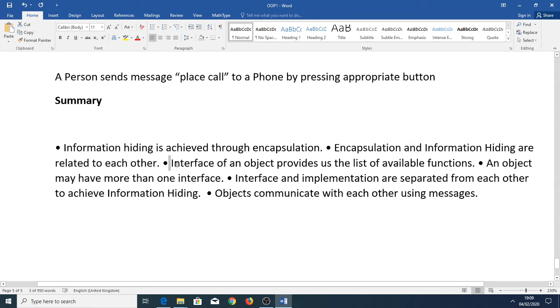Number three, interface of an object provides us the list of available functions. Number four, an object may have more than one interface. Number five, interface and implementation are separated from each other to achieve information hiding. Number six, objects communicate with each other using messages.